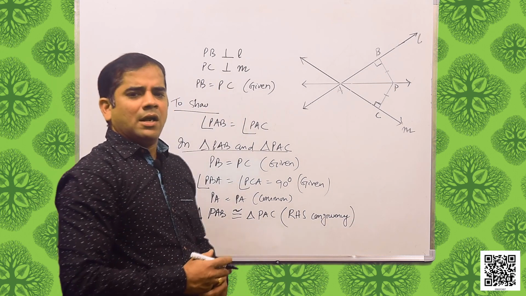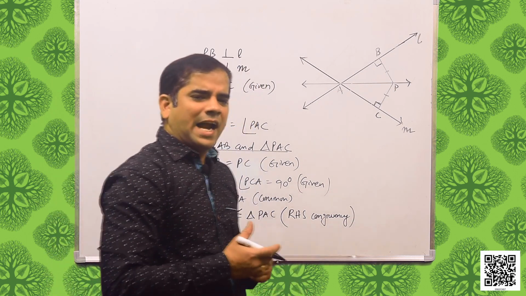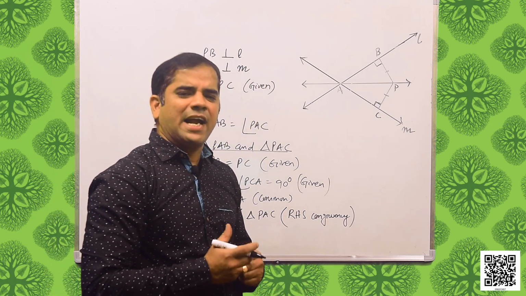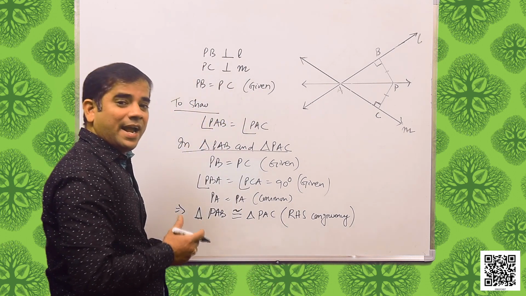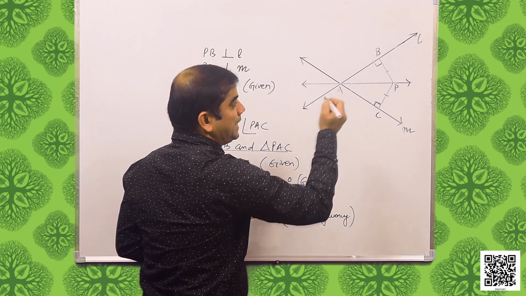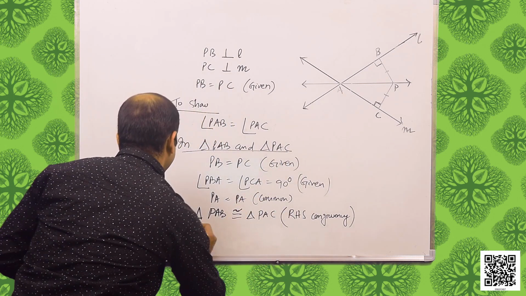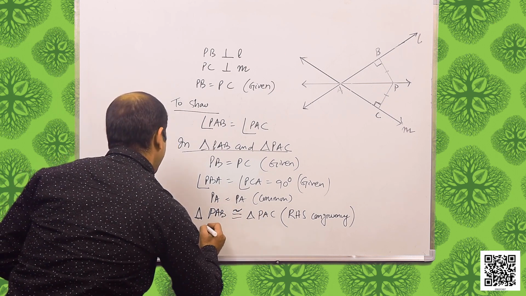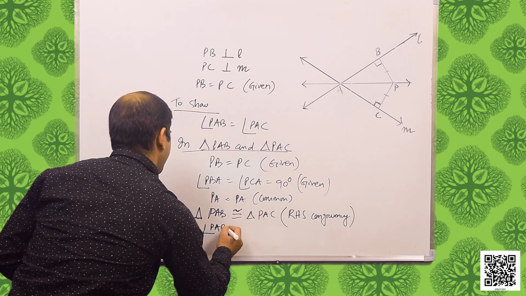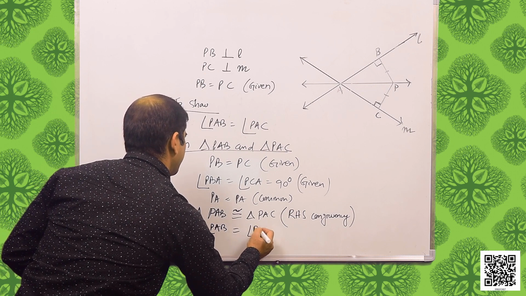Fine. Now, as triangle PAB is congruent to triangle PAC, angle PAB is equal to angle PAC.